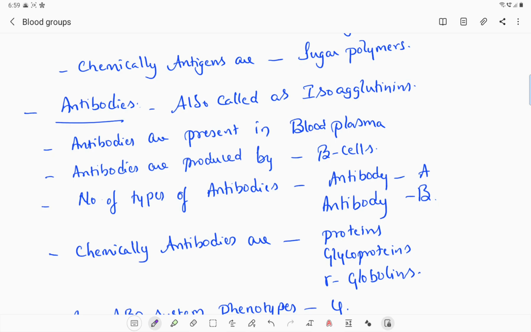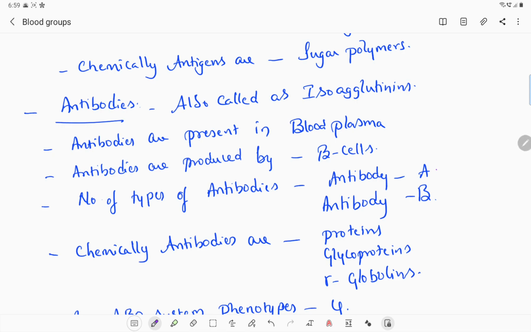Antibodies are produced by B cells. Okay, antibodies are produced by B cells. Then the number of types of antibodies is 2.